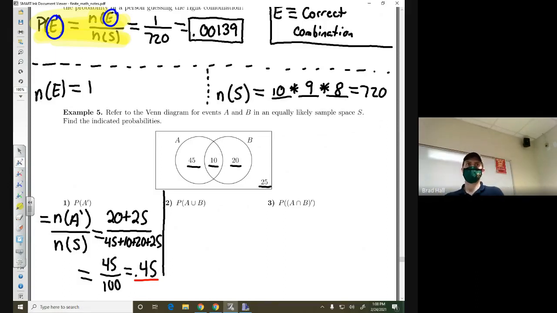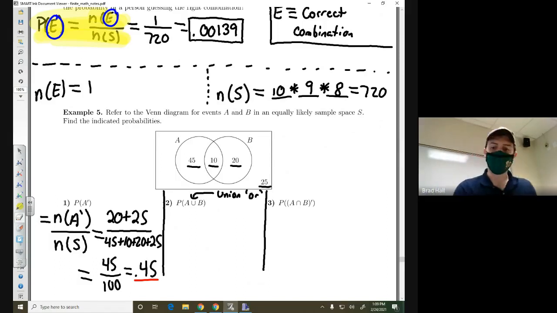So this is how we apply this when we're given a Venn diagram. A completed Venn diagram at that, so it makes it a little bit easier. The next thing we need to find, remember what that U means. That's the union, which means or.